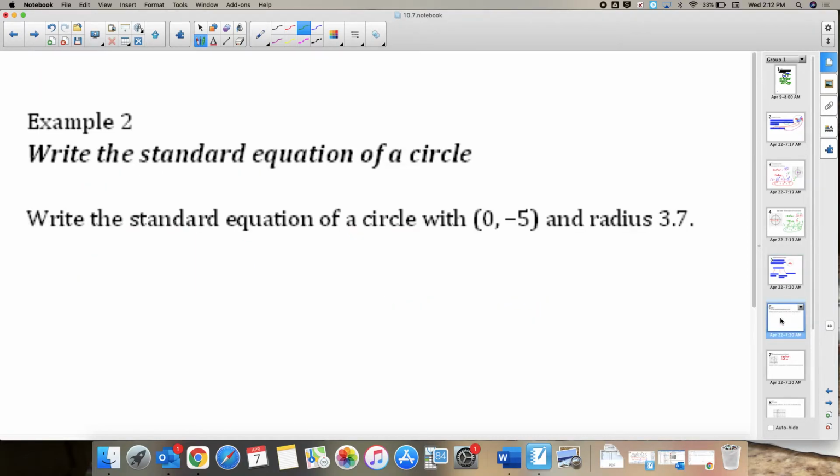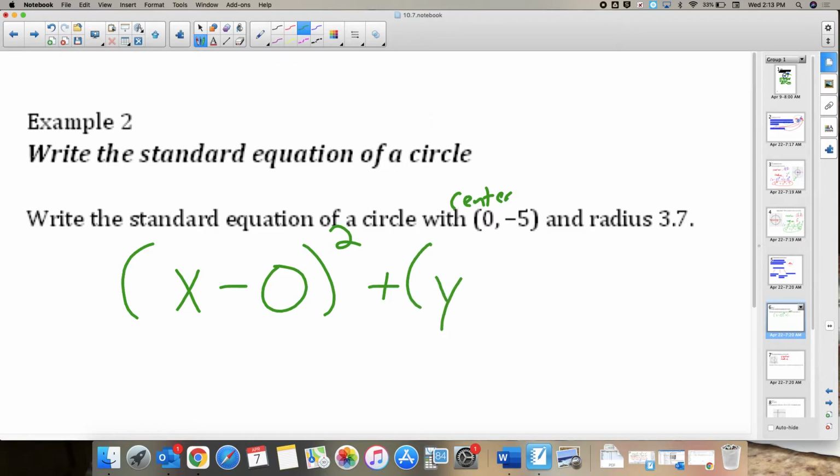In example 2, it says write the standard equation of a circle with the center of 0, negative 5, and a radius of 3.7. So it is x minus the x value from my center squared plus y minus the y value from my center squared equals our radius squared. X minus 0 is just x.